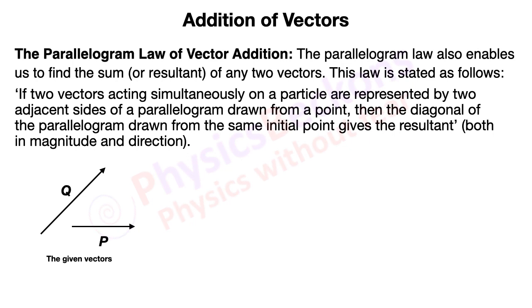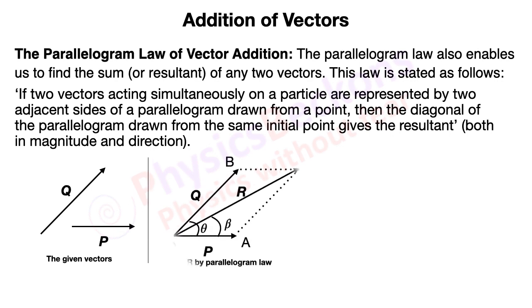These are the given vectors P and Q. These are the vectors which we want to add. According to parallelogram law, vector P is represented by OA and Q is represented by OB. The two vectors to be added are represented by adjacent sides of the parallelogram drawn from a common point O. Then you have to complete the parallelogram OACB.